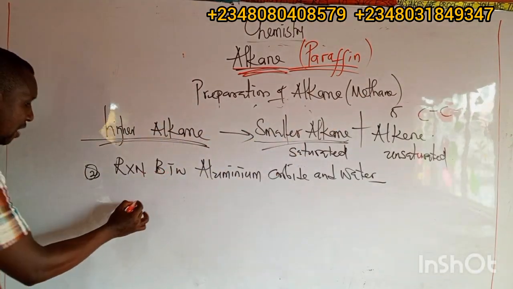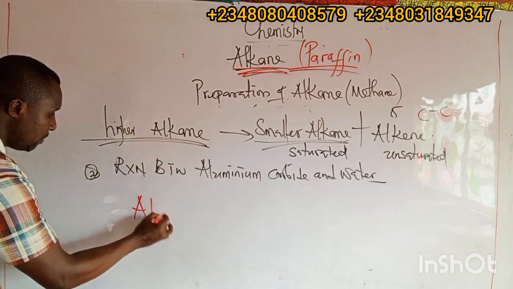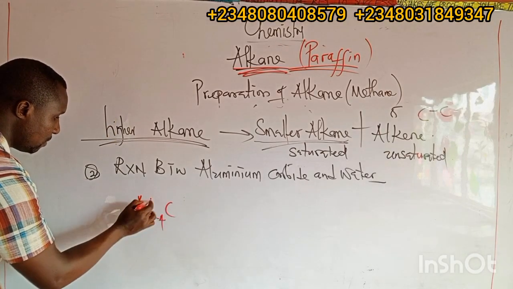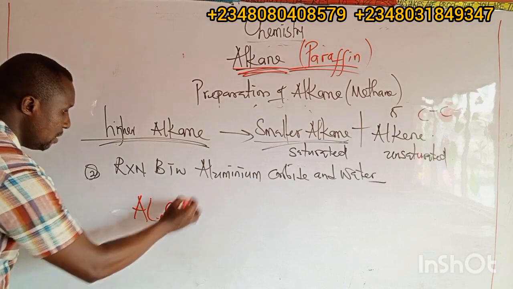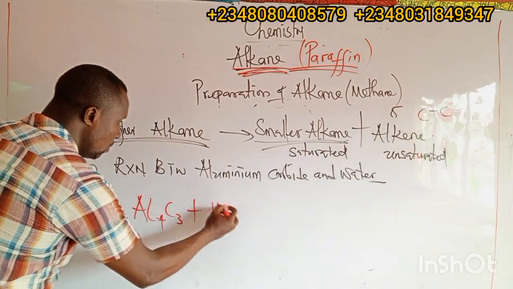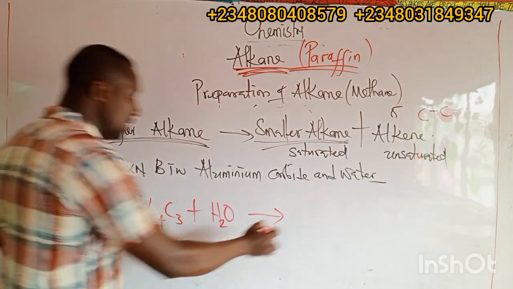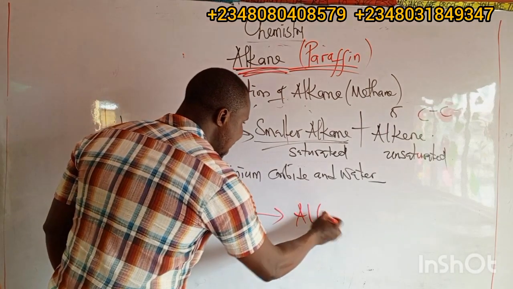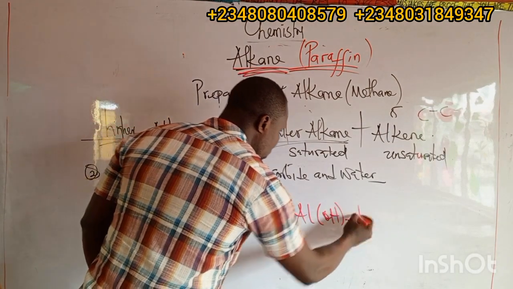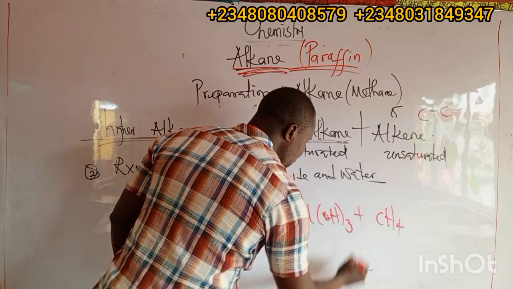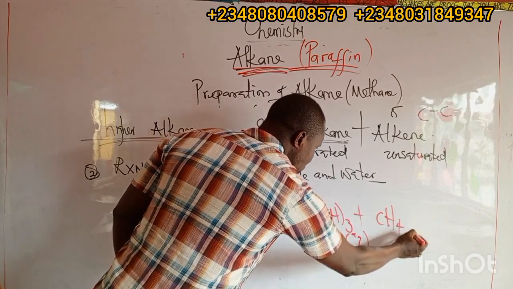For example, when you have aluminium carbide plus H2O, water, what will be formed is aluminium hydroxide plus methane. This is methane, which is a gas.